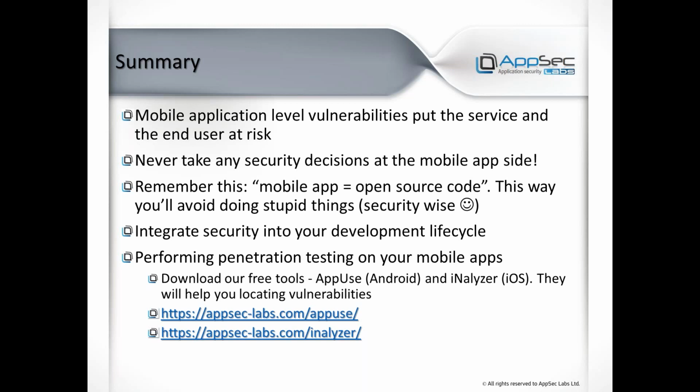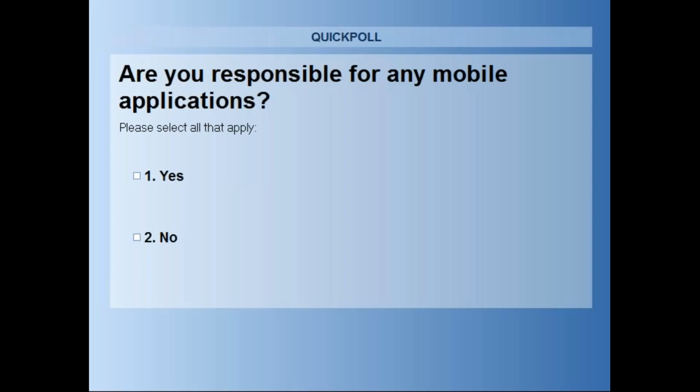This is a place in which you need to take a deeper look. Always remember that a mobile app is something like open source code, because it can be decompiled quite easily. So if you remember that the mobile app is like open source code, you will probably avoid doing stupid things, right?